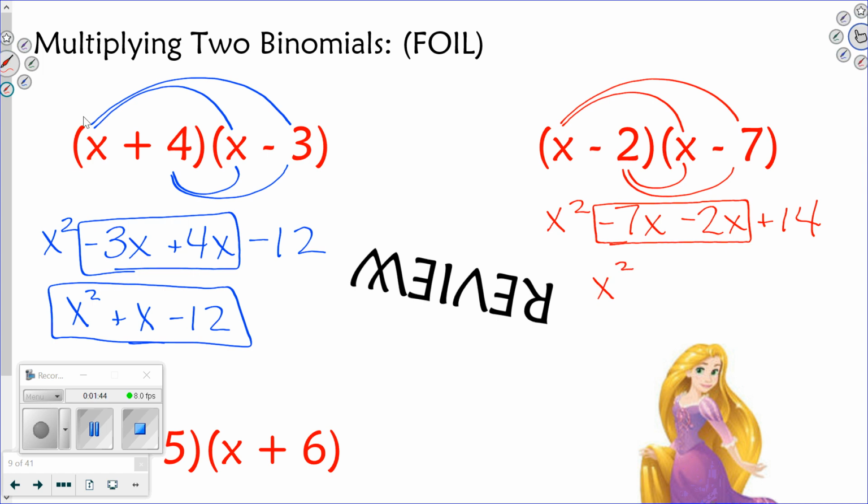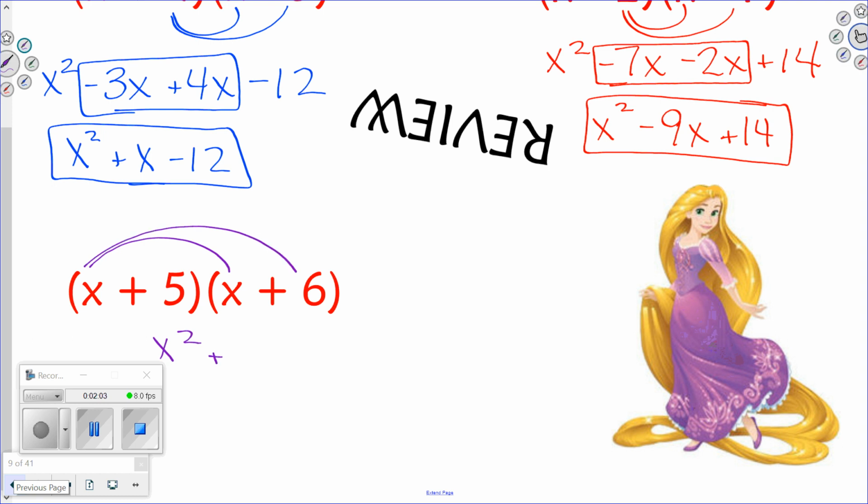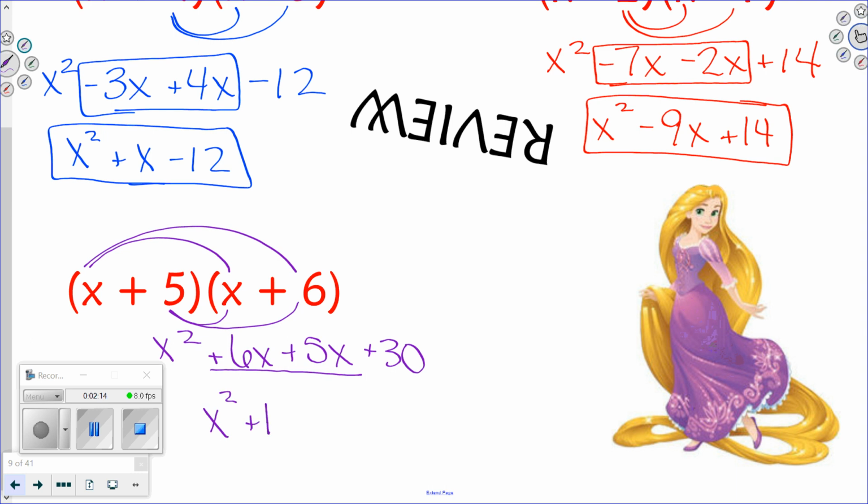It's x squared minus 9x and plus 14. And the one down here, we get x squared plus 6x plus 5x, and then plus 30. Like terms, x squared plus 11x plus 30.